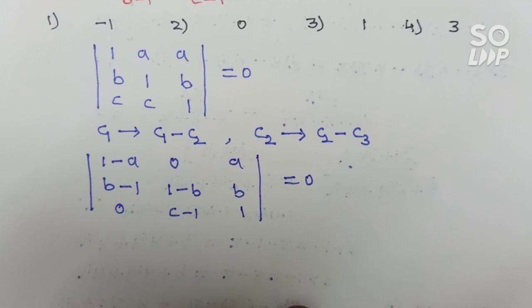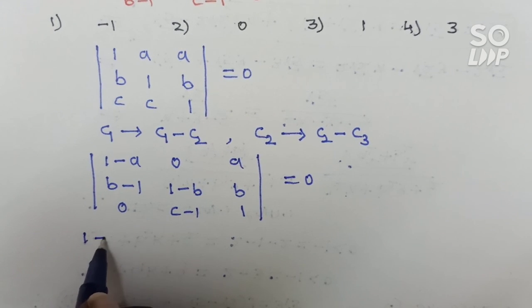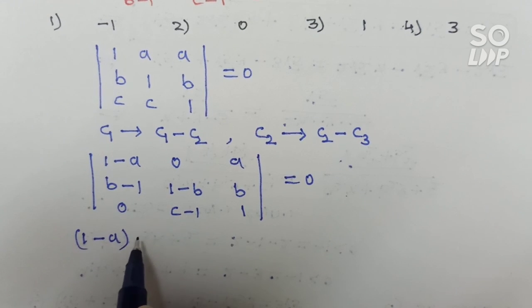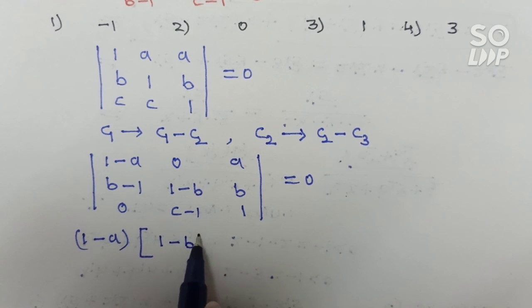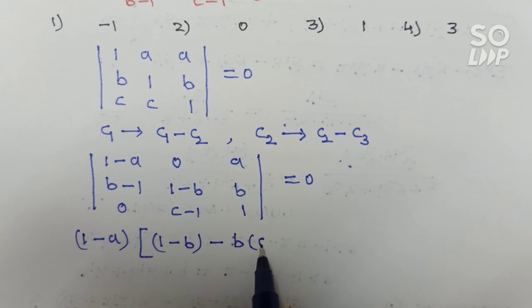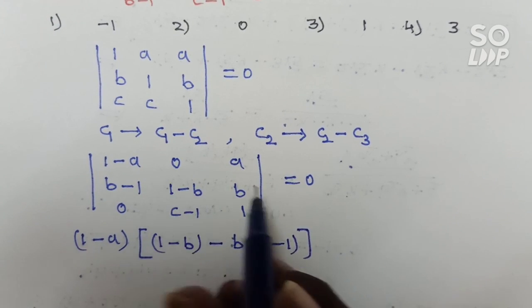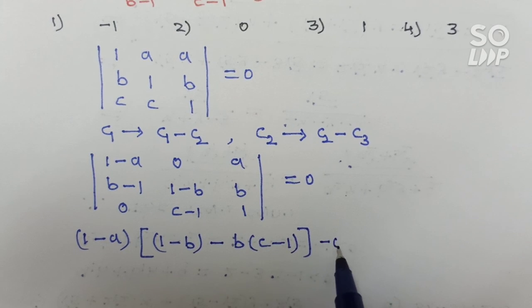Now you apply the expansion. 1 minus a into, leaving this row and this column, 1 minus b minus b into c minus 1, then minus 0 into something is 0.